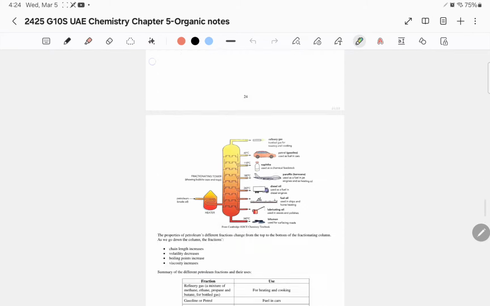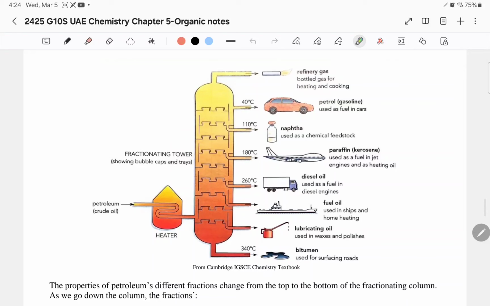Where though? Okay. For this, I have a way you can memorize which one is first and which one is last. It's a little sentence to memorize them. So it goes like this, but let me find it really quickly. Okay.